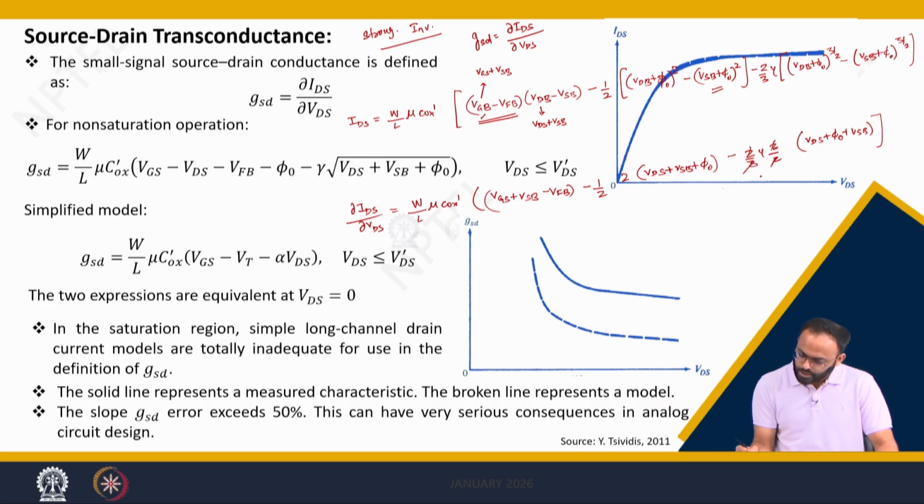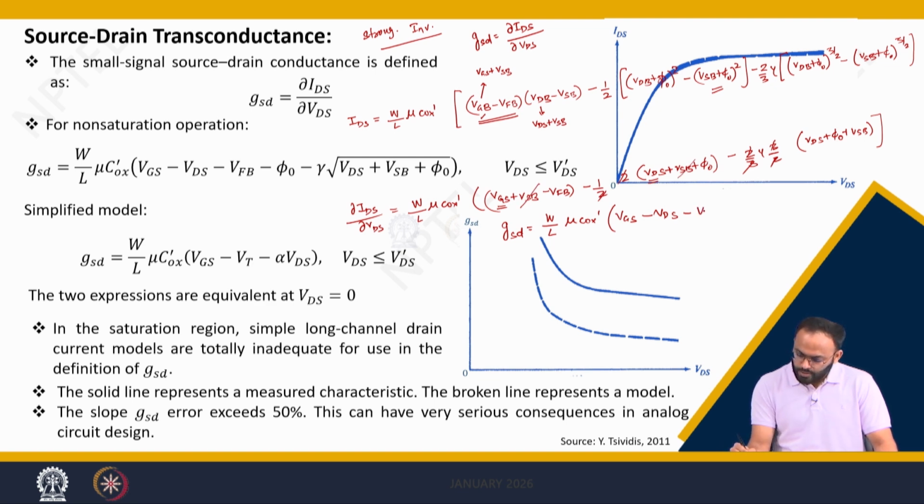The 2 and 2 get cancelled. Ultimately, if you rewrite this equation, you will end up with GSD is equal to W by L into mu into COX dash into VGS minus VDS, minus VSB, and this VSB will get cancelled.